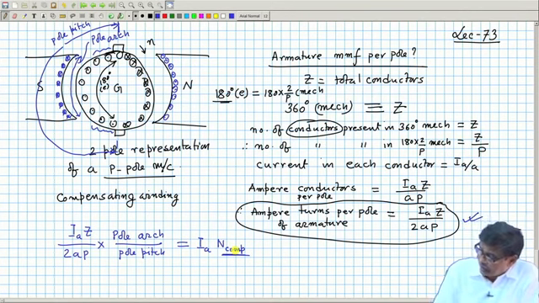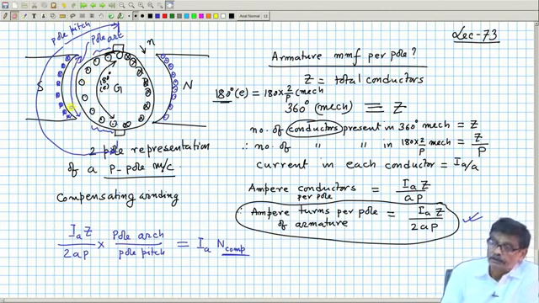So, what did I do? I calculated the armature ampere turns per pole of the armature. It covers all the conductors within one pole pitch, and I will put compensating winding, which can only compensate for the conductors covered under this pole arc. Therefore, how much of this can be compensated?